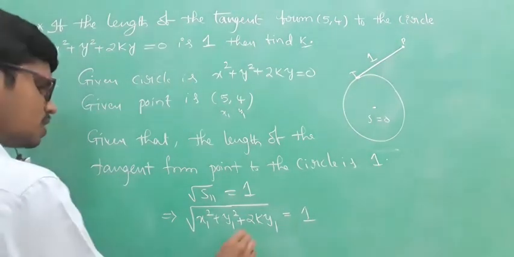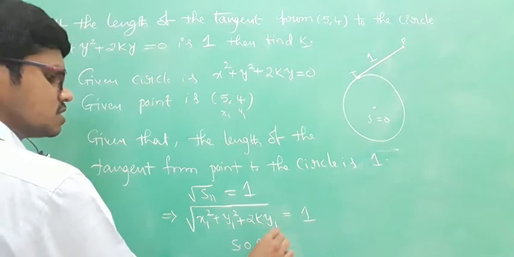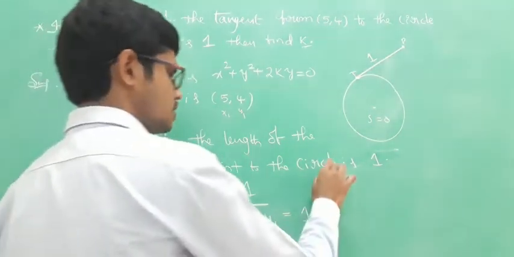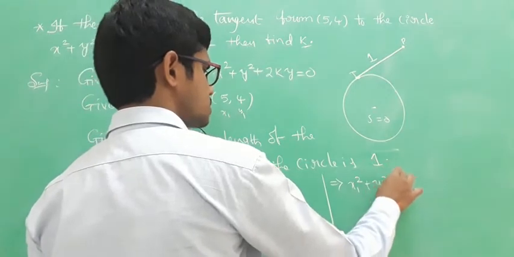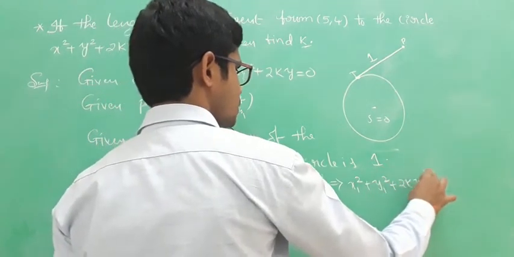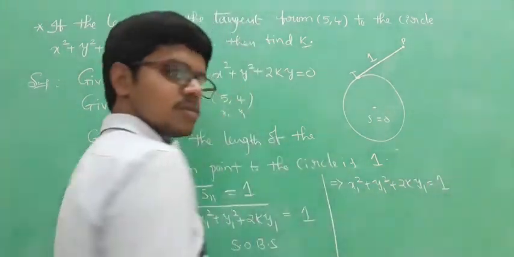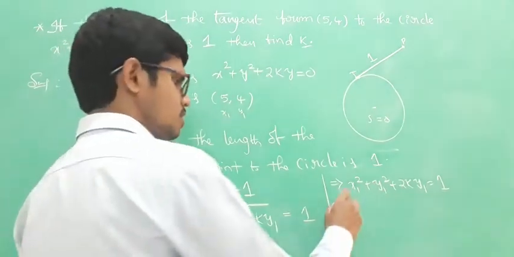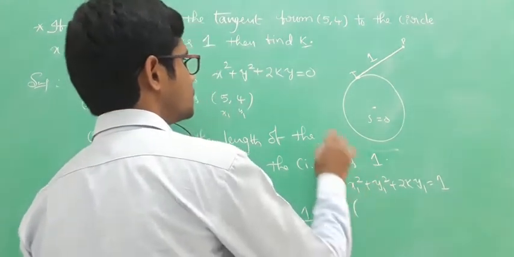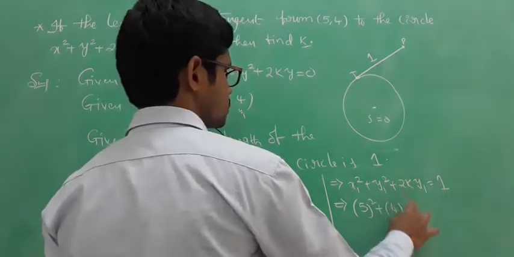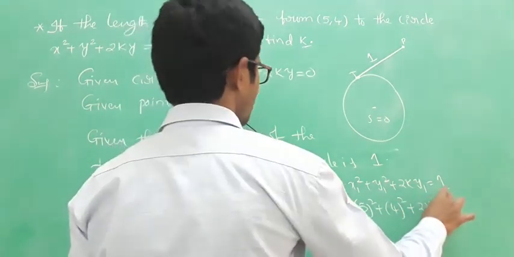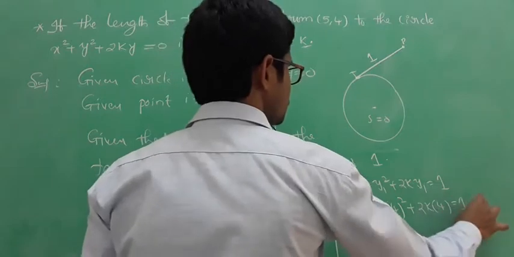Now squaring on both sides, we get x1 square plus y1 square plus 2ky1 is equal to 1. So what is x1? 5. So 5 square plus 4 square plus 2k into 4 is equal to 1.